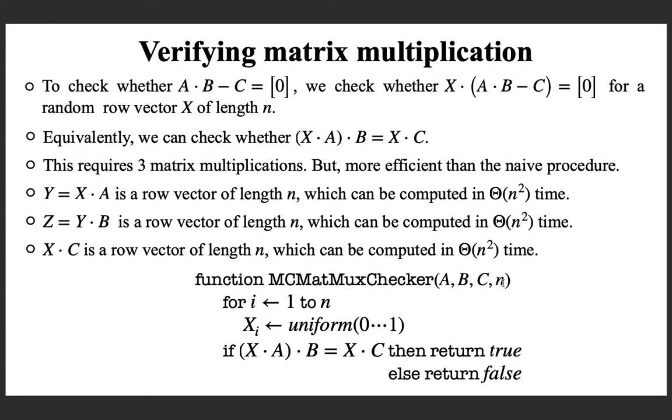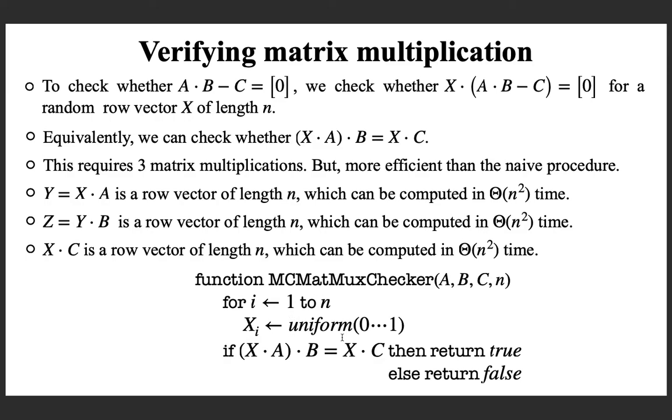Given 3 matrices and their order, what we do is form a random binary row vector. I hope you remember this basic probabilistic procedure which returns either 0 or 1.